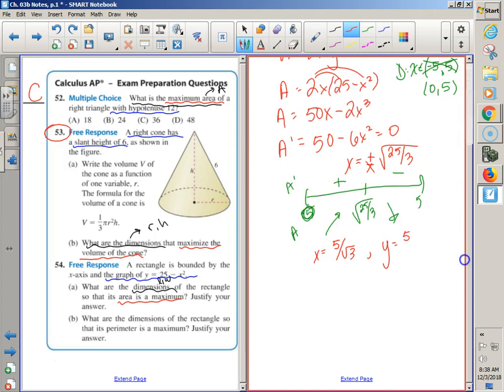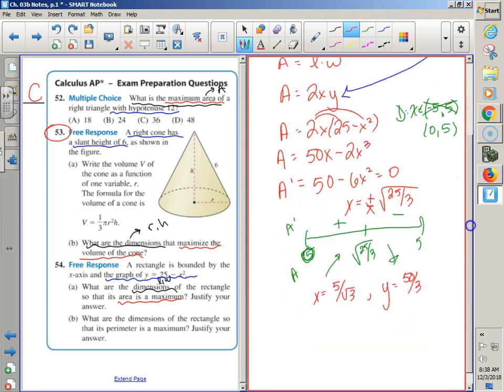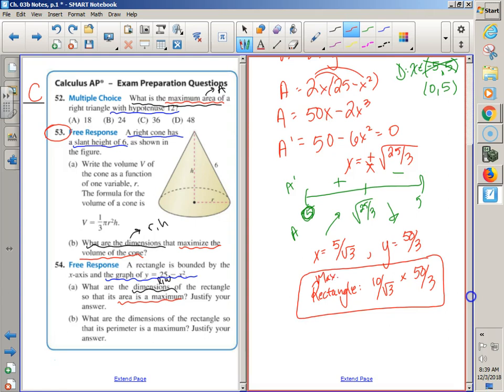I think y is equal to 50. 25 after the square root, that'll be 75. 50, yeah. Which means my rectangle, the dimensions are 2x, so 10 by 1y. And they didn't tell me what the units are, so that's okay. That'd be the max rectangle.